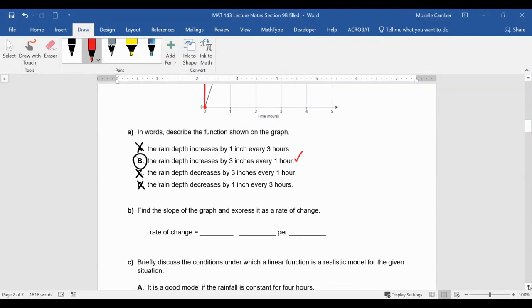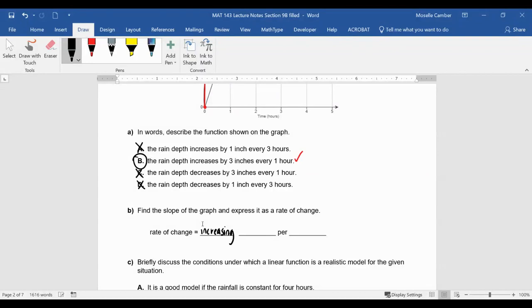Okay, so that's in words. Now let's express this as a slope or rate of change. The rate of change is going to be increasing, and that's going to be the y value per the x value.